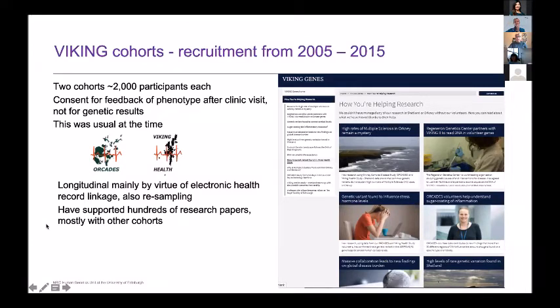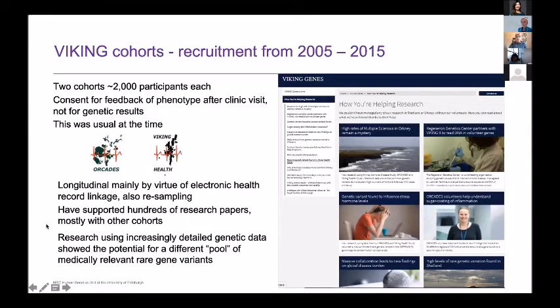But over the years, as genetic data became more and more precise and detailed as sequencing costs reduced, we noticed that this research using the increasingly detailed genetic data focused on rare variants and particularly indicated there was a potential for these populations to have a different pool of medically relevant rare gene variants.